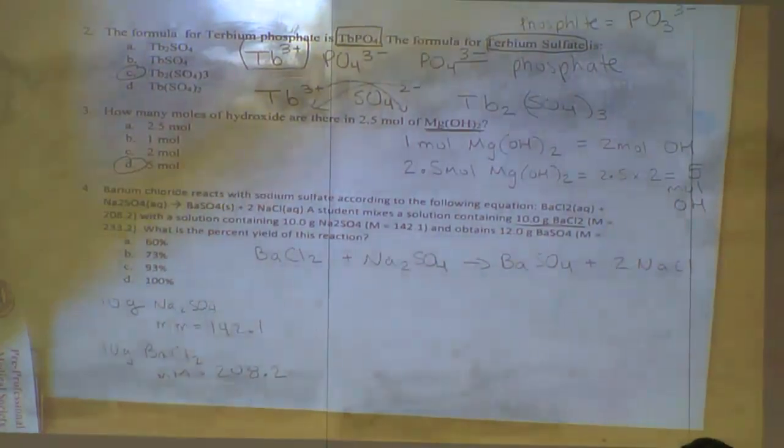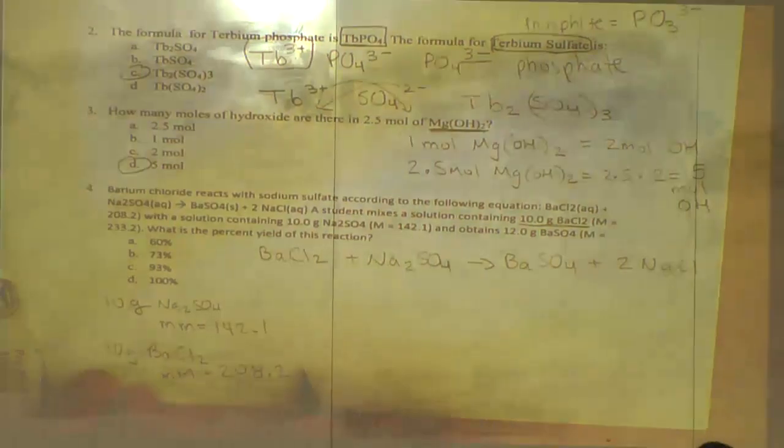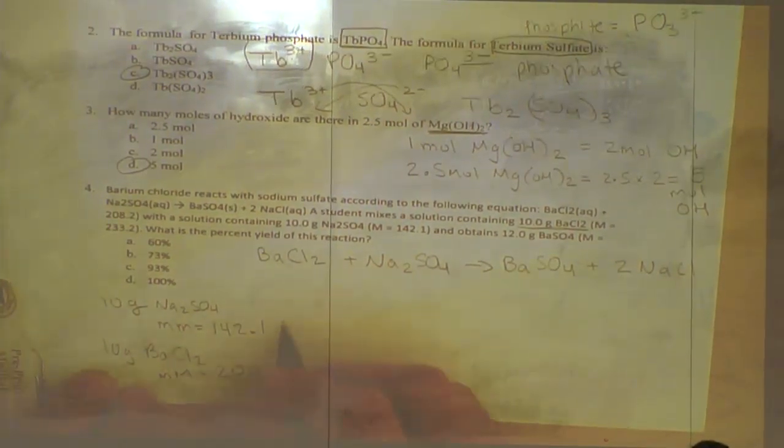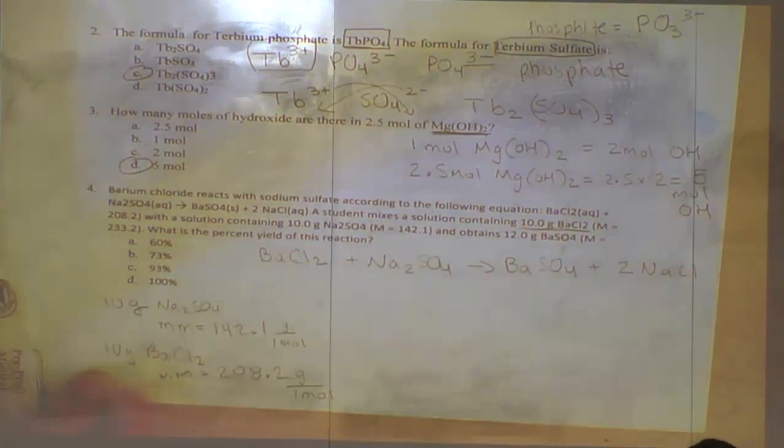So just remember a quick conceptual check: molar mass is essentially how many grams I have in 1 mole of that compound. We all agree, does that make sense? So if I were to ask you, in 1 mole of BaCl2, how many grams do I have? What would it be?